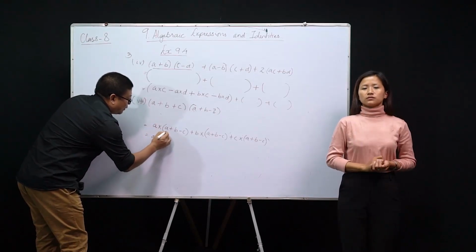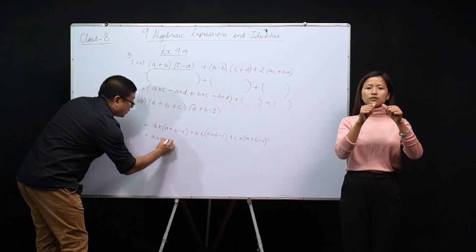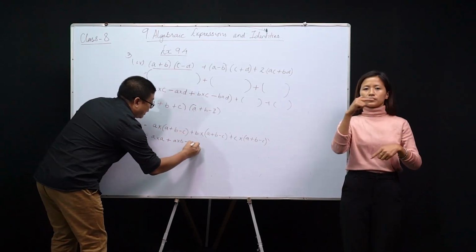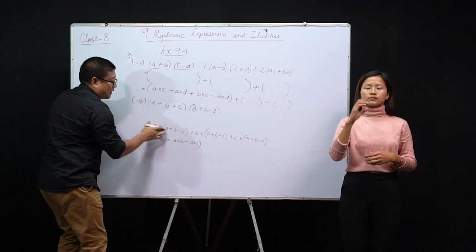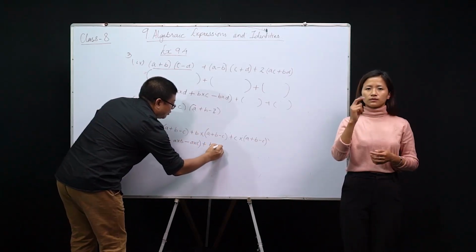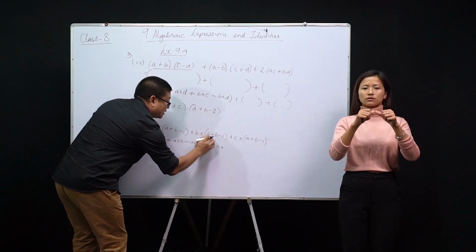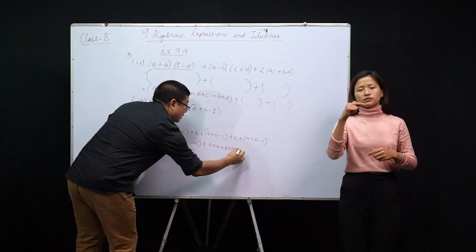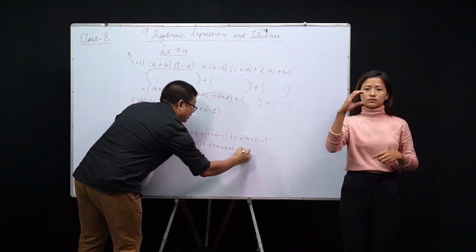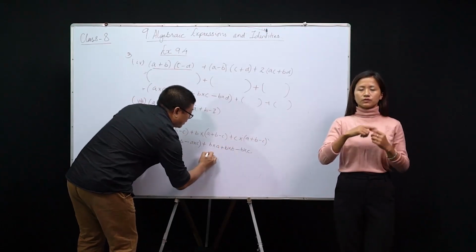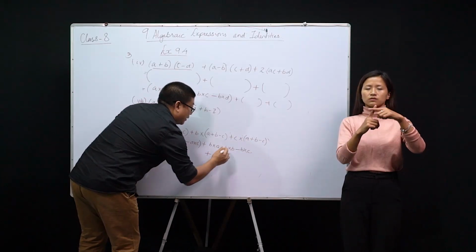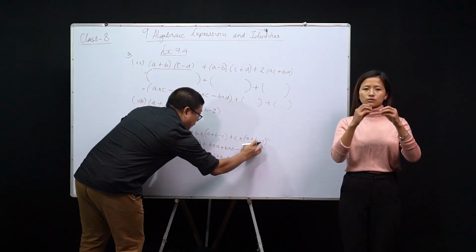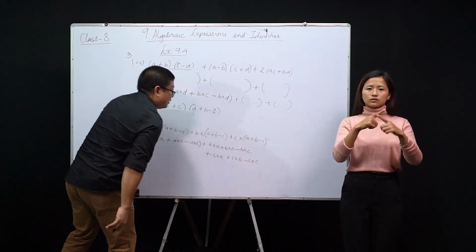Take this A, multiply with the first term: A into A plus A into B minus A into C. This is the first part. The next part is B into A, again plus B into B minus B into C. And for the last part, plus C into A plus C into B minus C into C. All right.